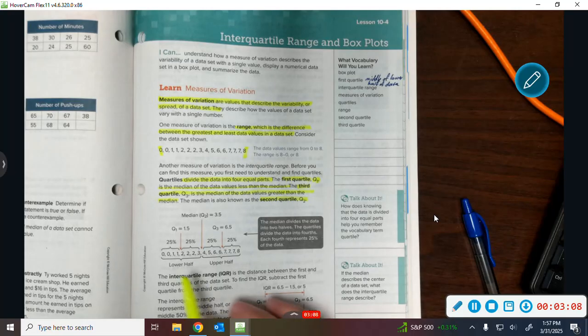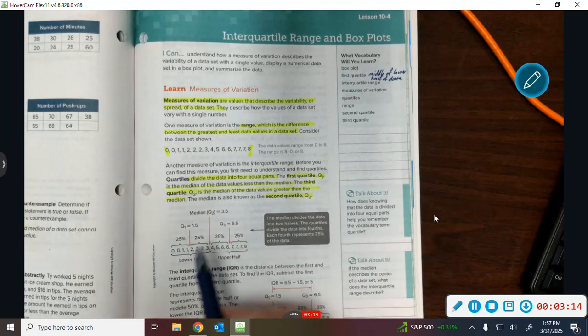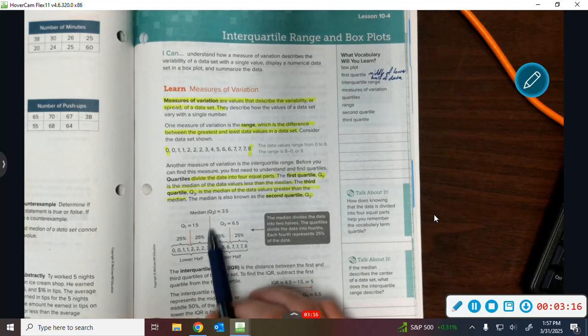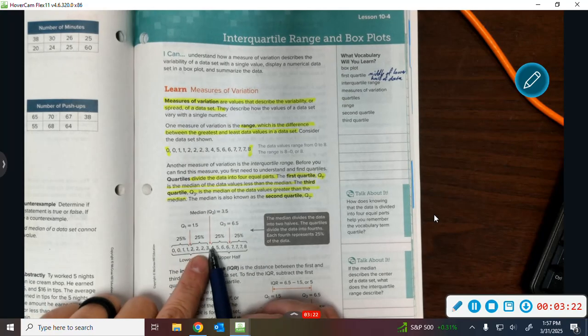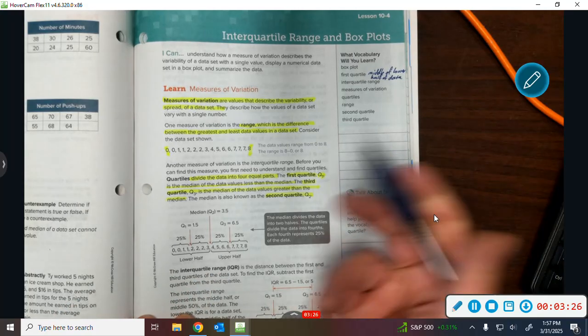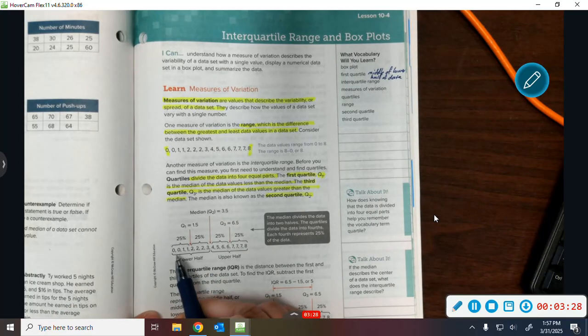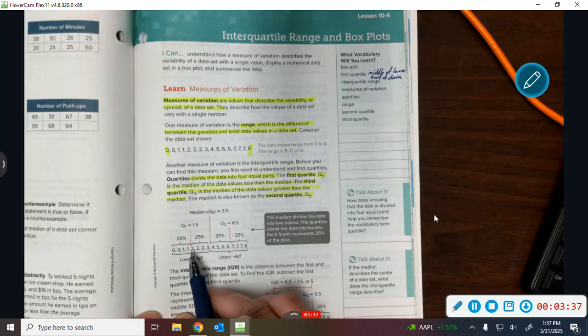So let's look at this set of data right here. We have the same numbers from 0 to 8. Our median, or quartile 2, is right in the middle. If we find the middle of the data, it's going to be between 3 and 4. To find Q1, that is the lower half of data, so from 0 to 3, we want the middle of that lower half.